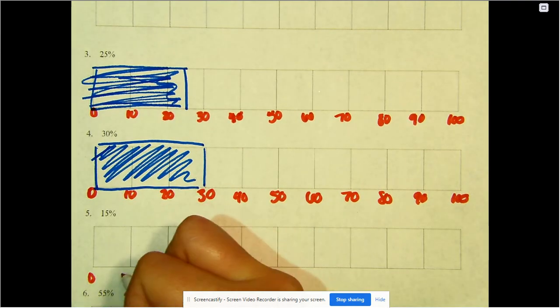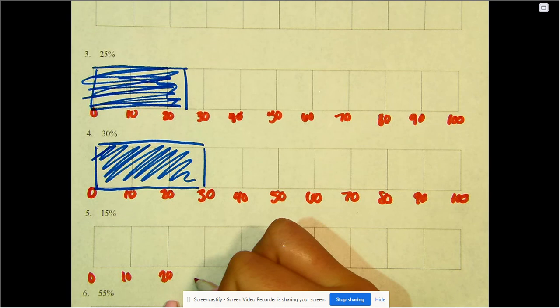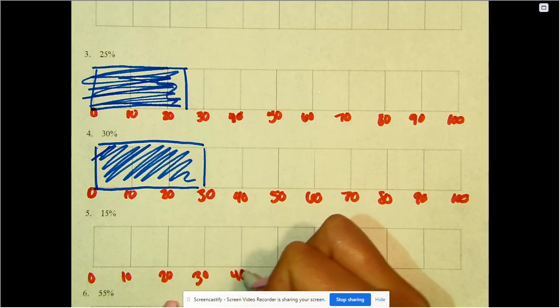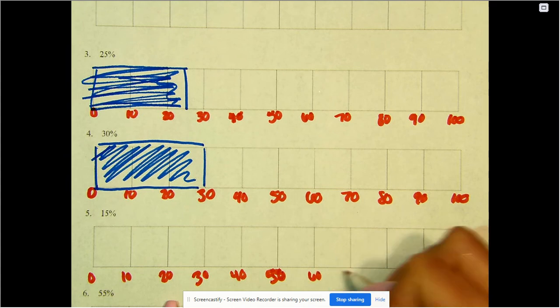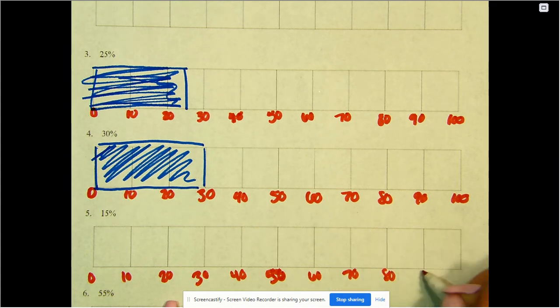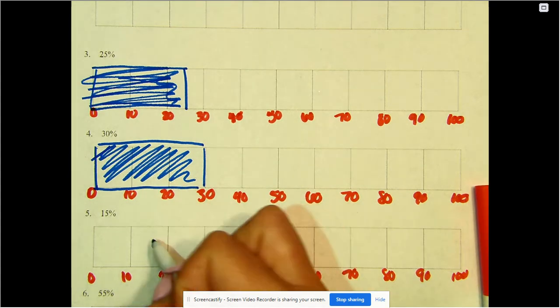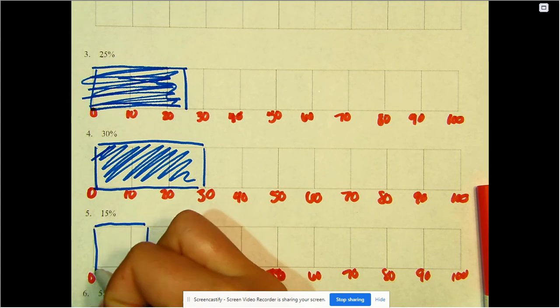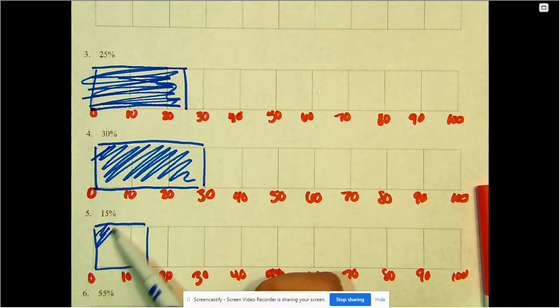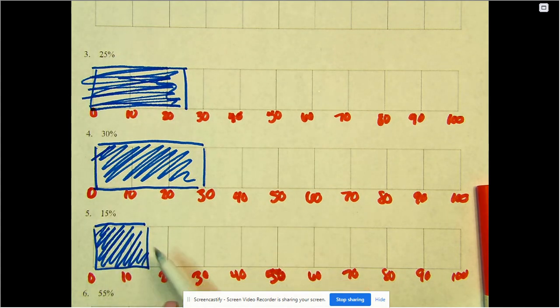So 0, 10, 20, 30, 40, 50, 60, 70, 80, 90, 100. So 15% of that would be between 10 and 20. And then you would just shade in that portion. So that would be 15% of 100.